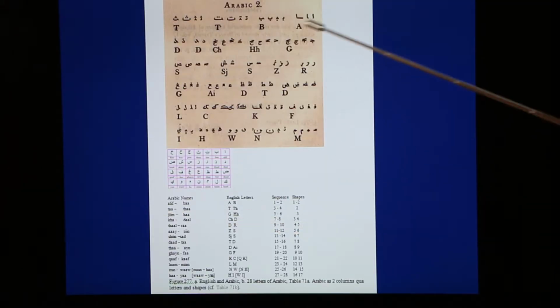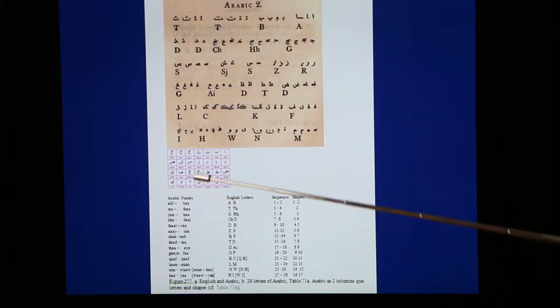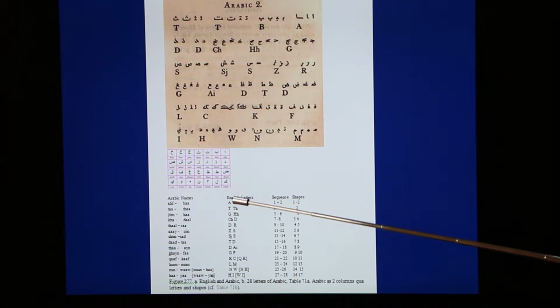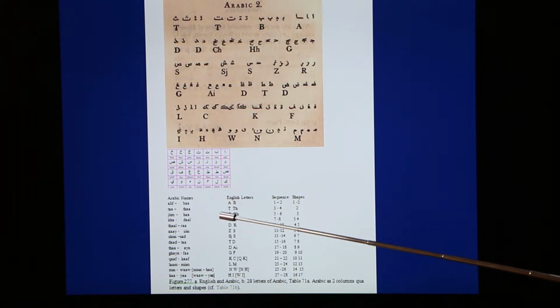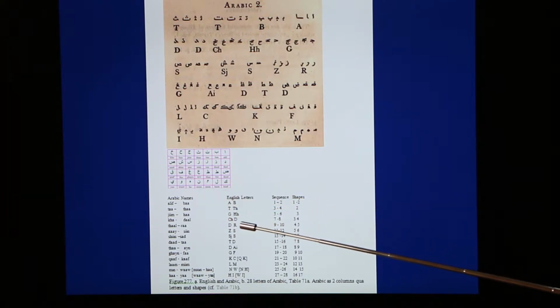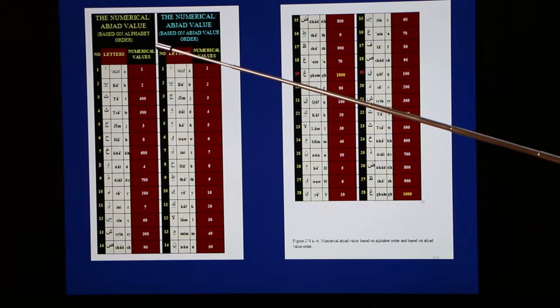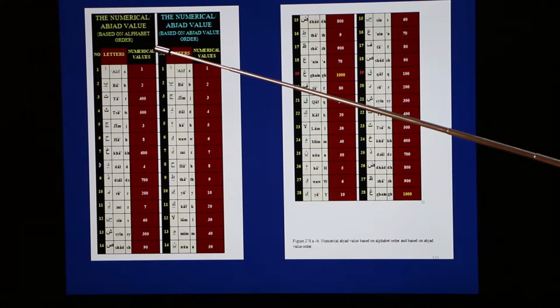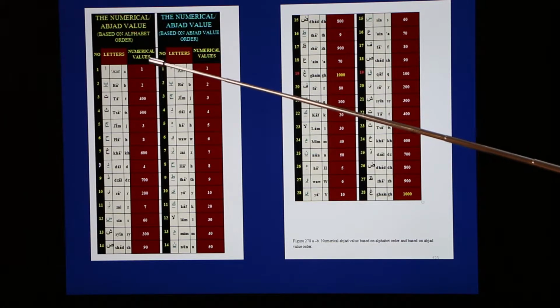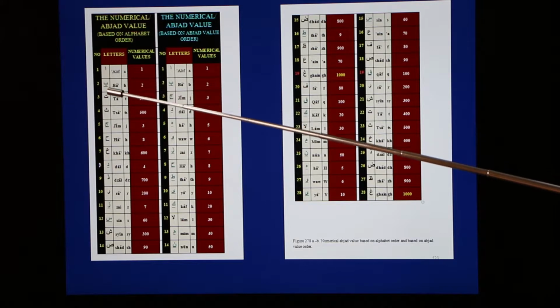So, just for fun, I take this and put it into 2 columns as well, and then we get AB, TTH, GHH, CHD, and so on. If we go to the classic ways of writing Arabic, there are 2. One is in terms of the shapes. This is called the numerical abjad value, where we're dealing with the shapes.